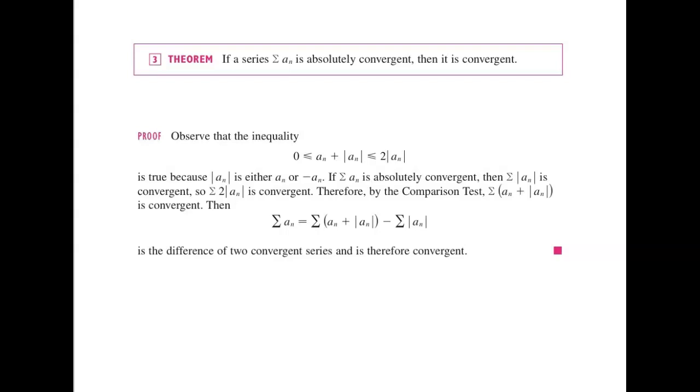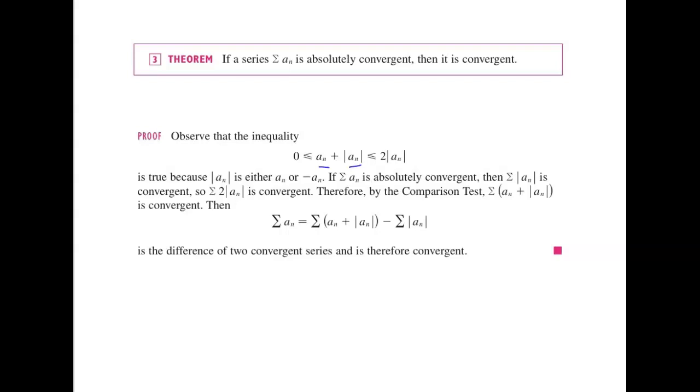All right, the proof may look a little complicated. It's really not, and it's pretty clever. So let's think about this statement. Say I have the sequence an. It has to be true that an plus the absolute value of an has to be between 0 and 2 times the absolute value of an.